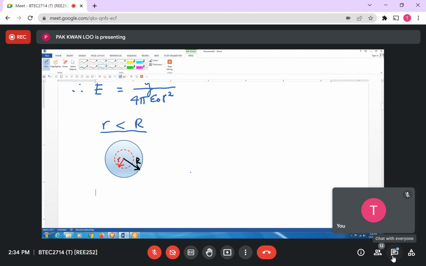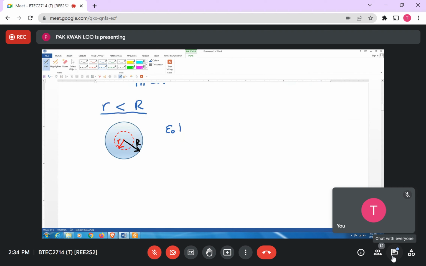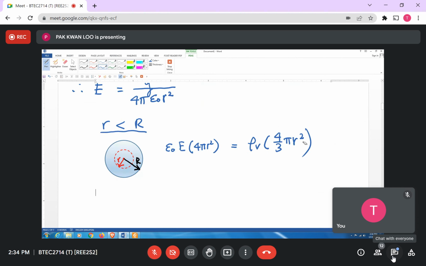In this case, on my left hand side it is the same term, but the charge enclosed will be rho v times 4 over 3 pi r cubed, sorry, pi r cubed.